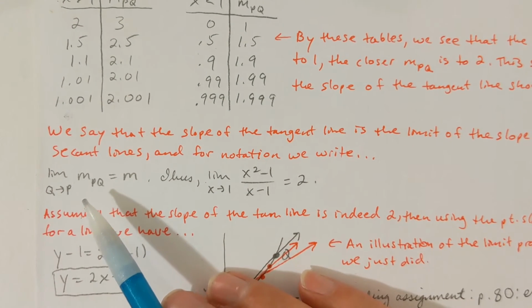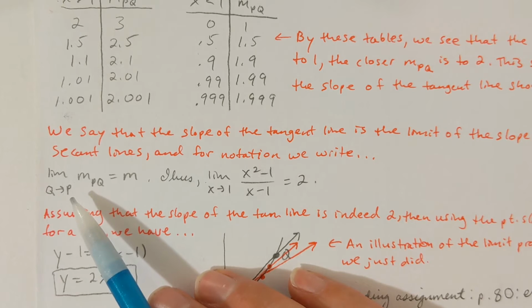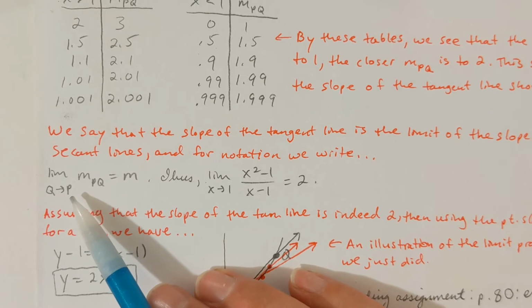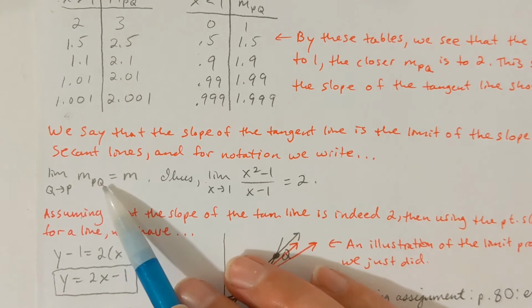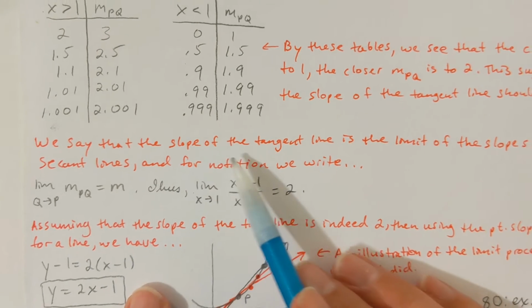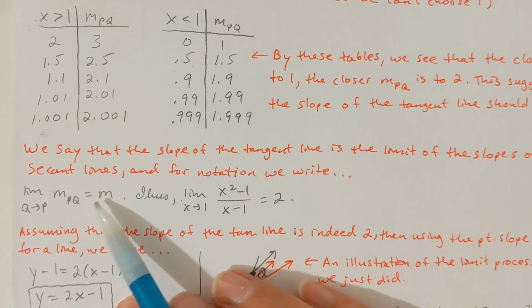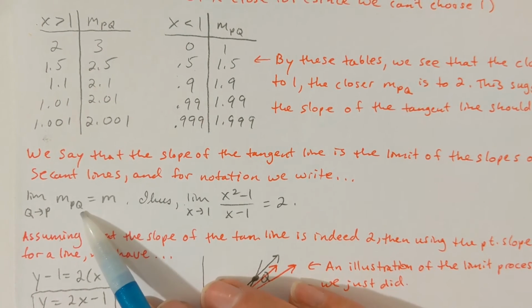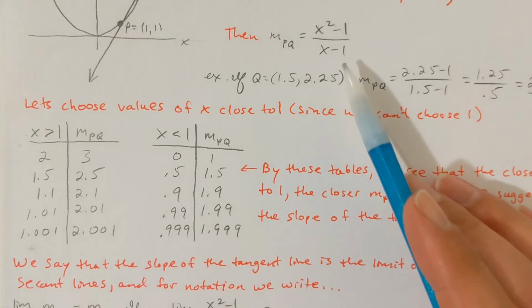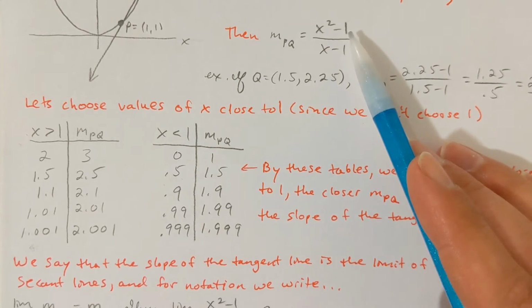The way that we read this is to say the limit as point Q approaches point P of the slope of the secant line. Well, that limit of the slope of the secant line is the slope of the tangent line, m. Now we have a formula for m sub PQ. That's what we created up here.